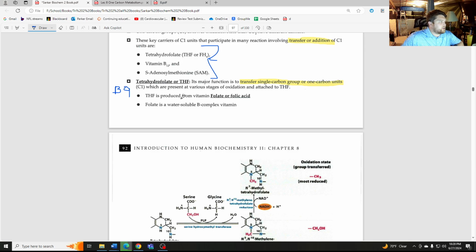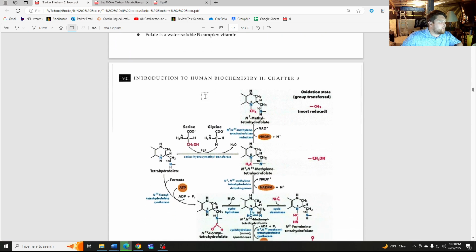This is produced from vitamin folate or folic acid. So THF is the active form, and folate or folic acid is the inactive. THF is the active form of vitamin B9. It is a water-soluble B complex vitamin.